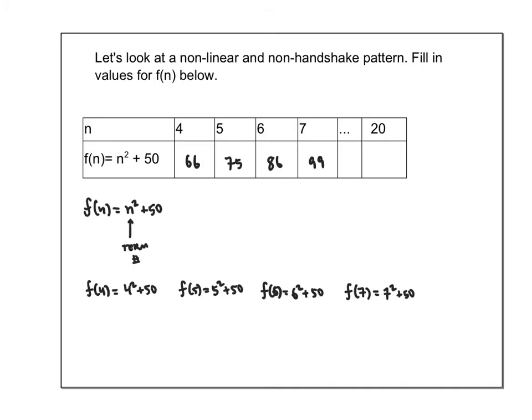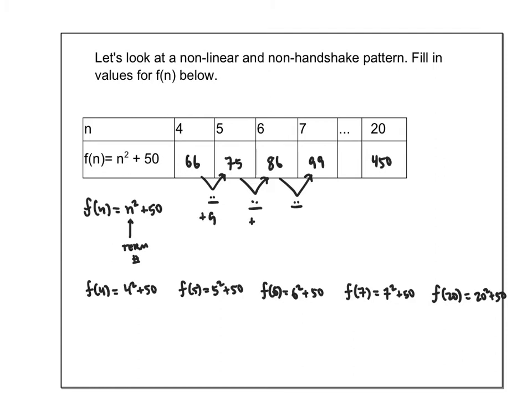And f of 20 is going to be 20 squared plus 50. 20 squared is 400, plus 50 is 450. Now, I notice this is not linear, right? You can see that there's no pattern to this, right? I see I'm adding, what is that, 9.